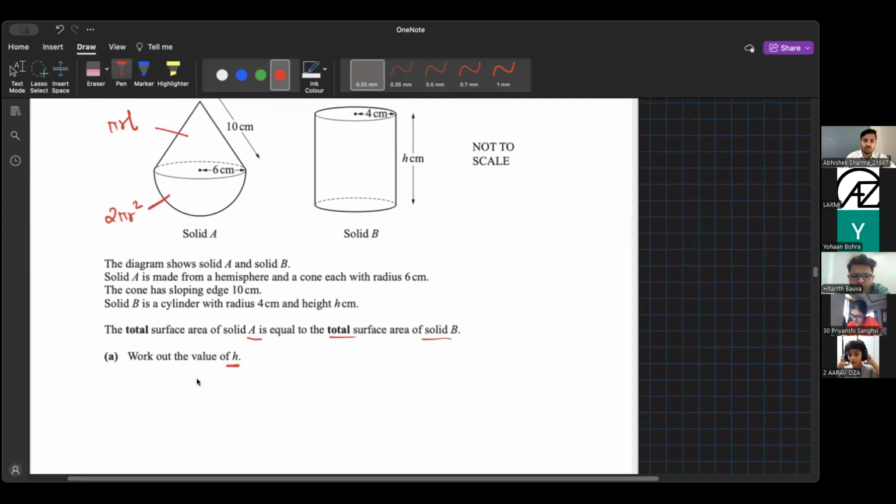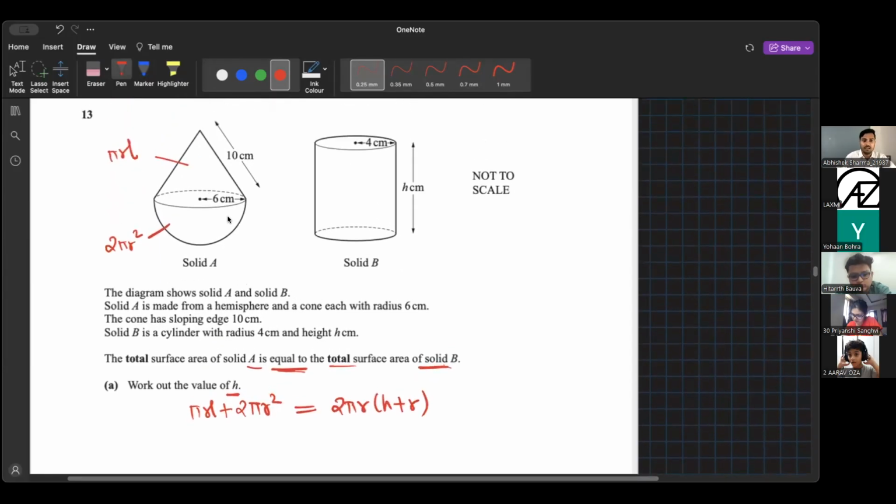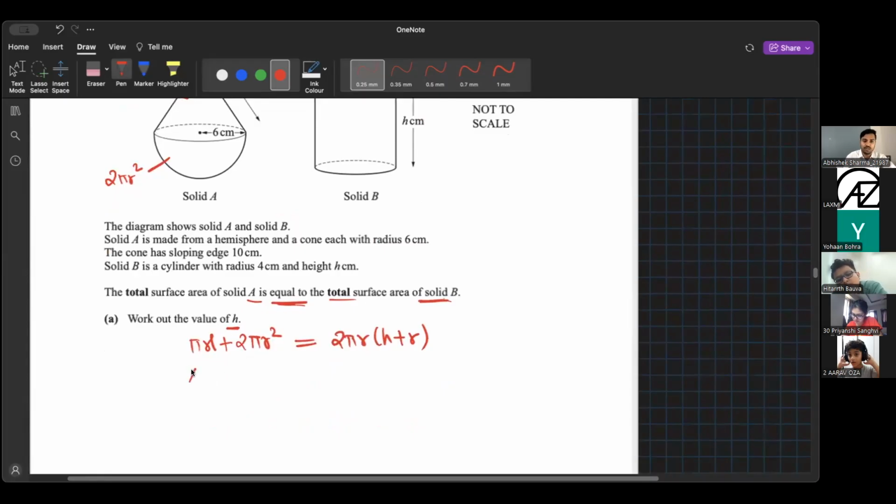So we can write pi r L plus 2 pi r square, and they're saying it is equal to the total surface area of solid B, which is a cylinder. So 2 pi r times h plus r is the formula. Here pi and r are common in the cone and the hemisphere, so we can take pi r common and write L plus 2r, which is equal to 2 pi r times h plus r.